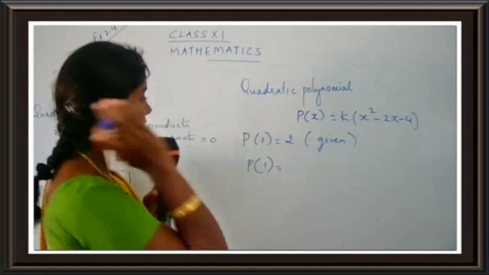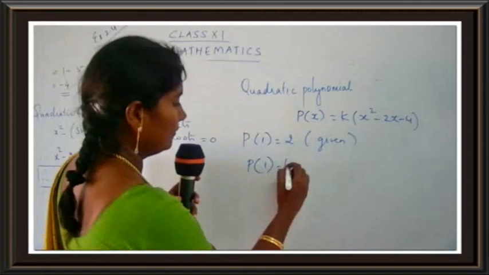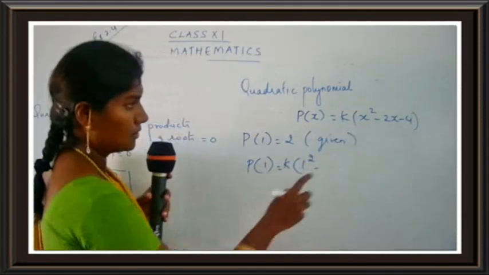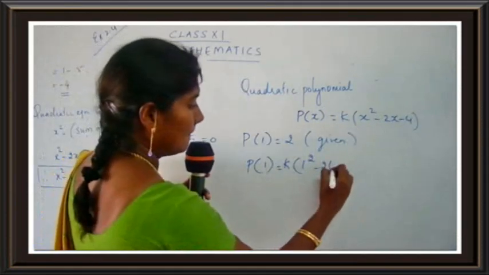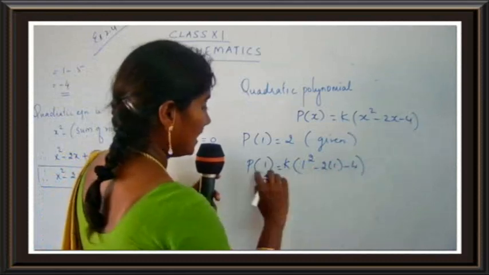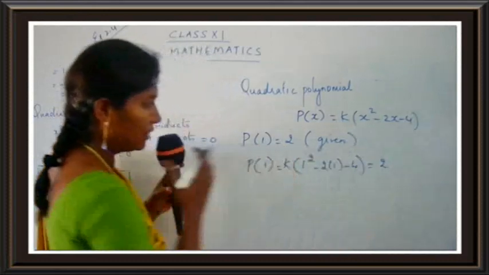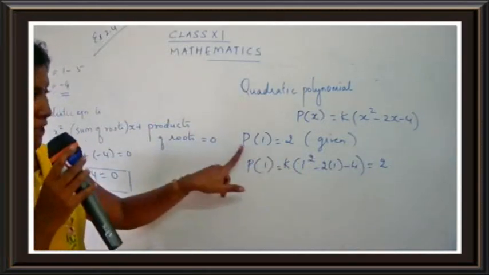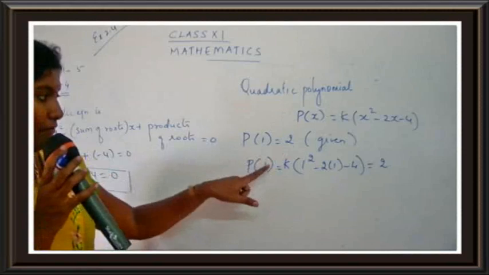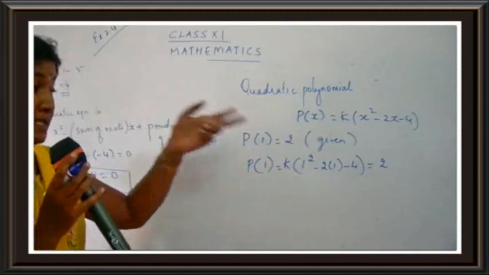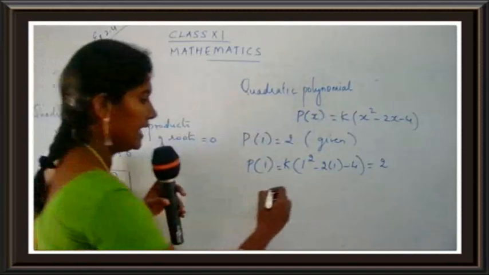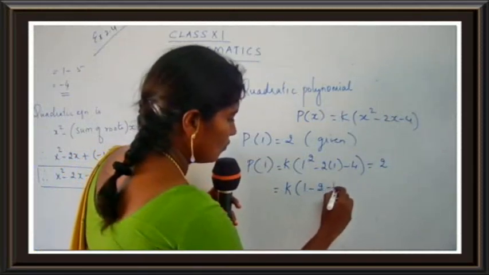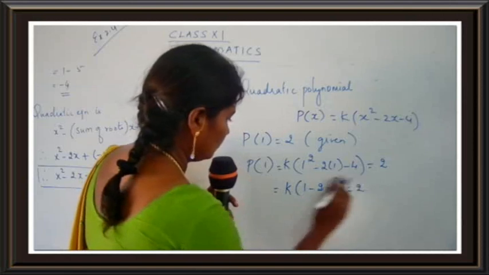So P of 1 is equal to k into 1 square minus 2 into 1 minus 4, and this is equal to 2. Are you clear, children? I hope you are clear, because the P of 1 value is given to us as 2. So wherever the x term was there, I am replacing it with 1. So this is k into 1 minus 2 minus 4 is equal to 2.